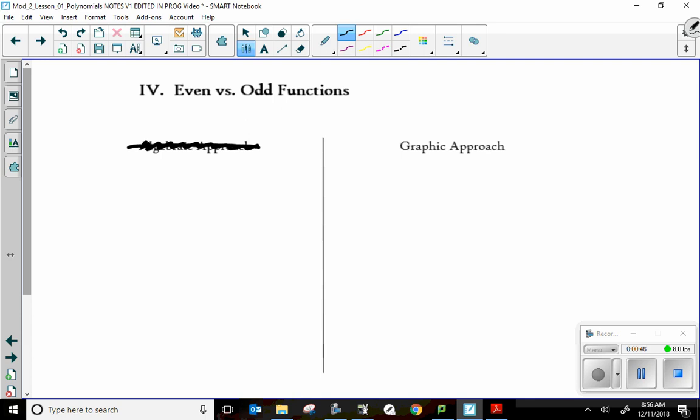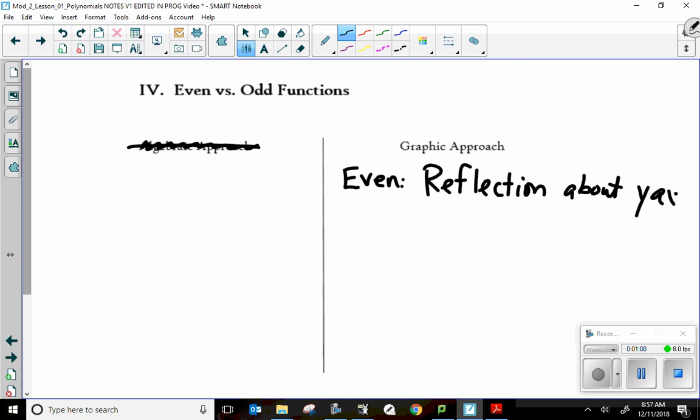So let's start with even. If a graph is even, it would look like a reflection about the y-axis. The graph would look like a reflection of itself across the y-axis. Now, let's not forget the y-axis is the one that goes up and down.